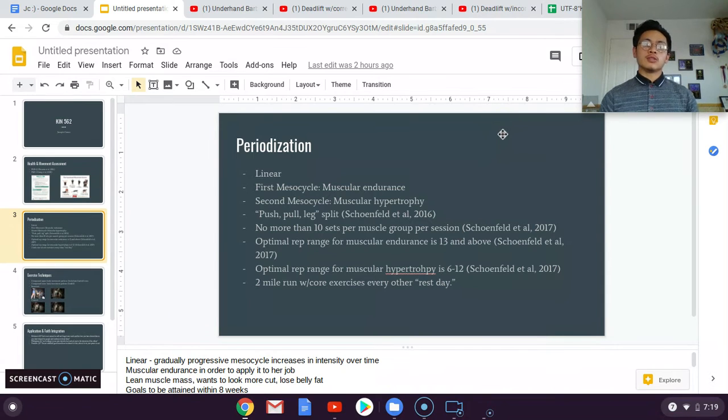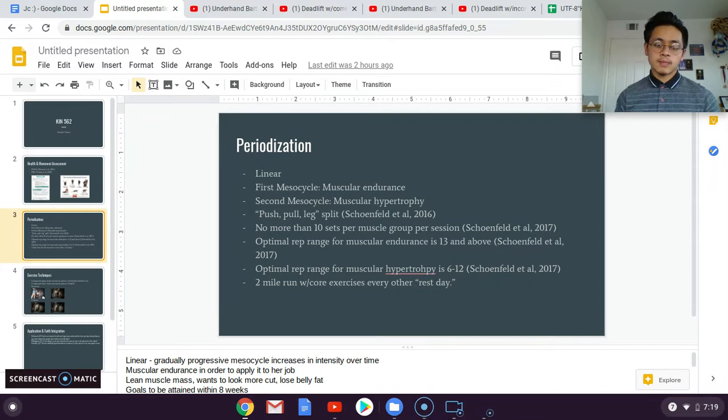And I chose to form my program around a linear periodization model, because my first mesocycle focuses on muscular endurance, and then my second mesocycle focuses on muscle hypertrophy.